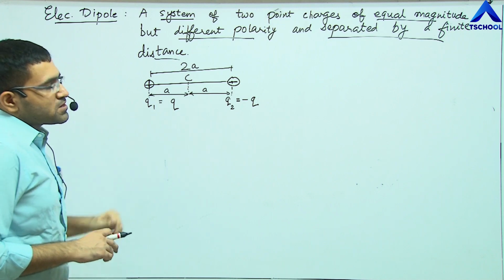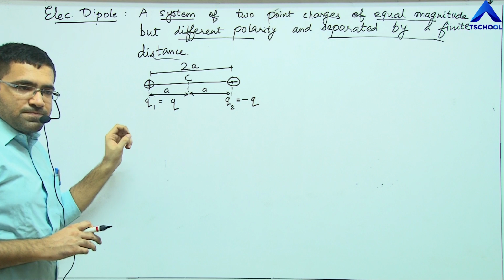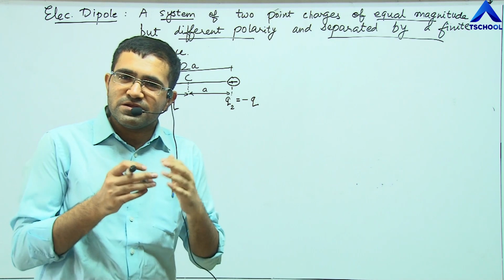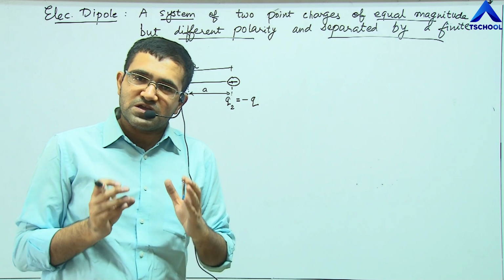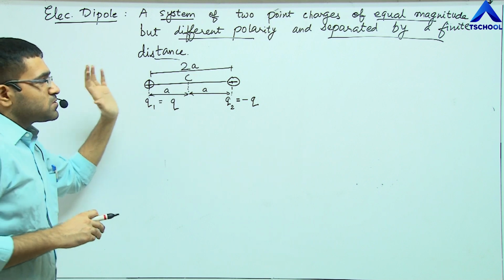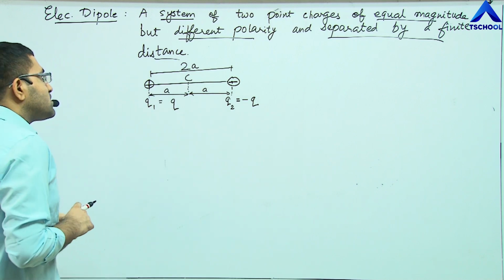So this is what a dipole looks like. Again, two point charges, they have equal magnitude but different polarity and they are separated by some fixed finite distance, 2a. So this is what an electric dipole is, right?